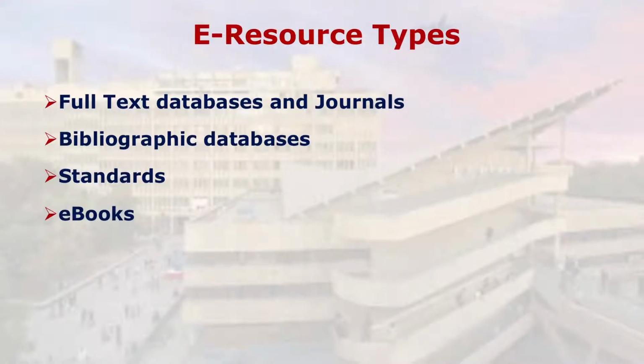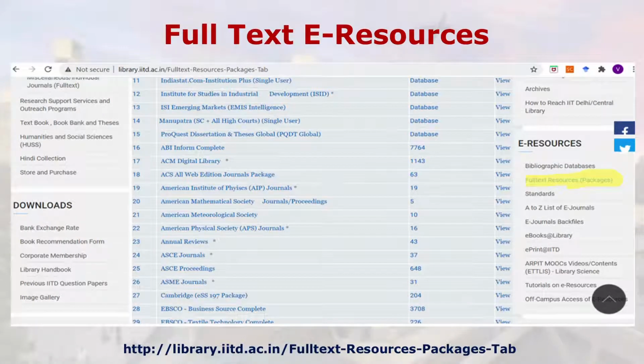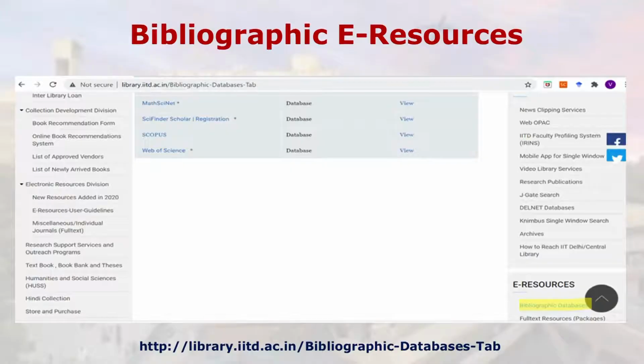The main types of e-resources available for the users are full text databases and journals, bibliographic databases, standards and eBooks. We have subscriptions to important full text resources, like databases and journals from publishers like Elsevier, Springer, Wiley, Taylor and Francis, Sage, etc. In bibliographic databases, we have subscriptions to Scopus, Web of Science, MathSciNet and SciFinder Scholar.